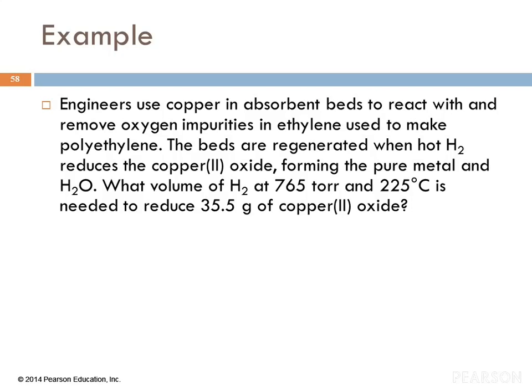So here is the word version of our reaction. H2 reduces the copper to oxide, forming, that's where the arrow is, the pure metal and H2O. So we've got H2 reacting with copper 2 oxide.